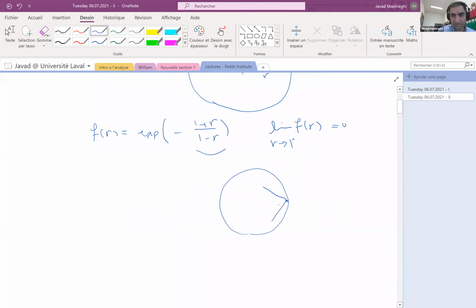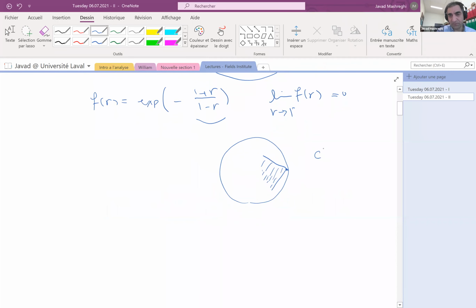If you consider any non-tangential domain, so c is fixed but bigger than 1, still you can show that the limit as z goes to the boundary of f of z, where z stays in the gamma c anchored at 1, is still 0.